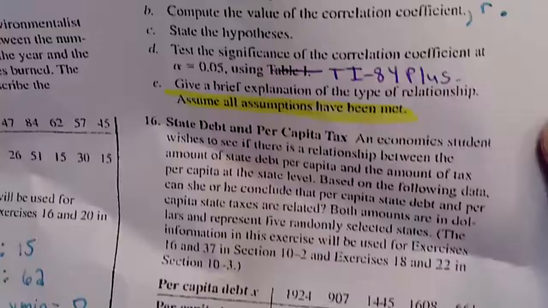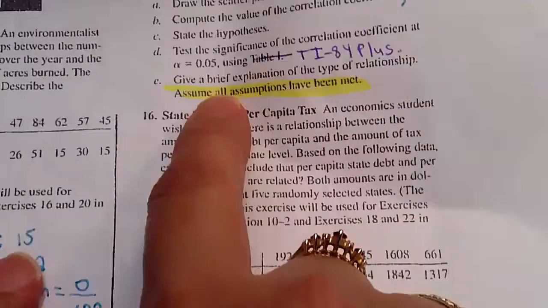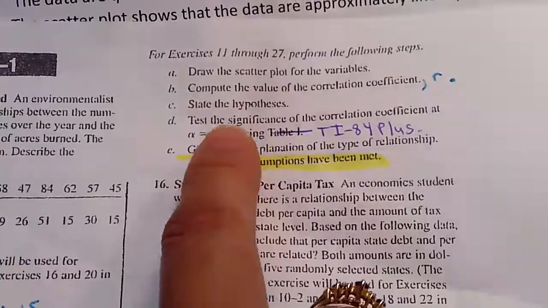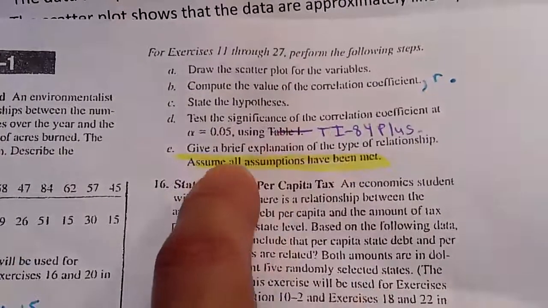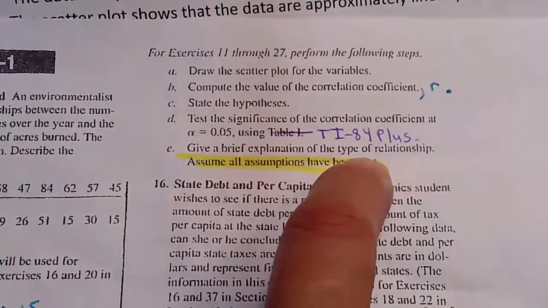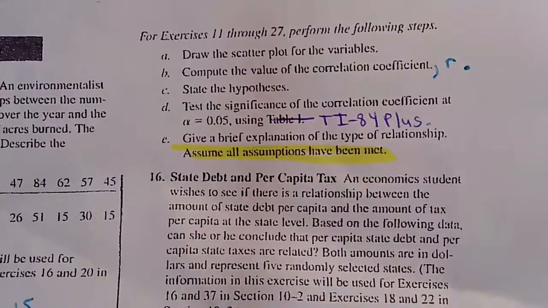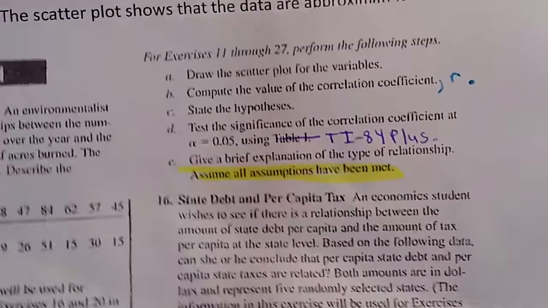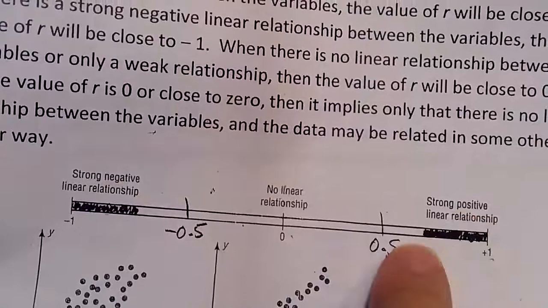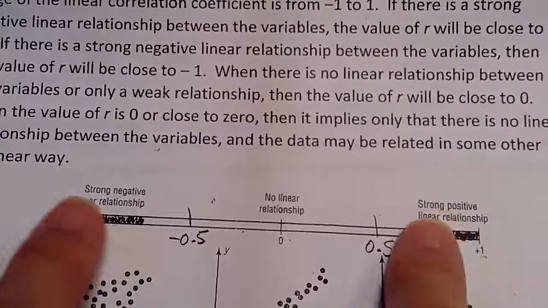So now we're to this part. We already tested the significance. Now we're going to give a brief explanation about the relationship. Remember, we saw the scatter plot was a positive linear relationship. And then we saw the strength of r, 0.771, which was a pretty strong linear relationship. Both of these are good.